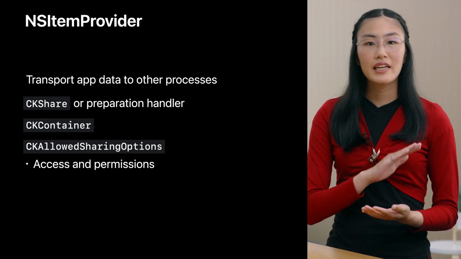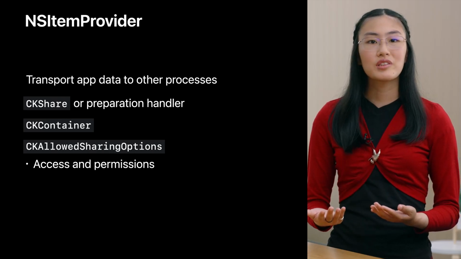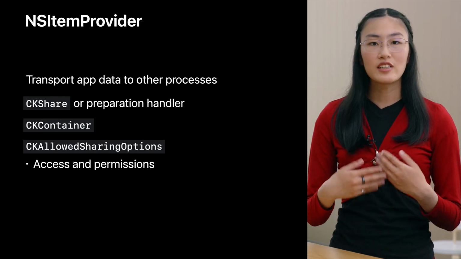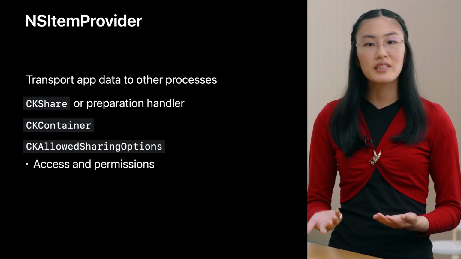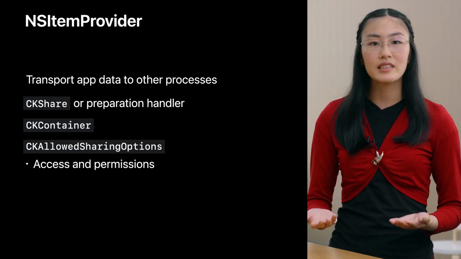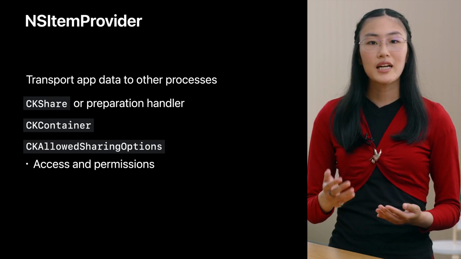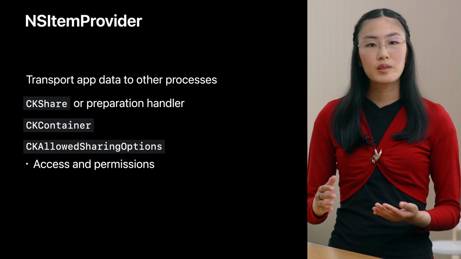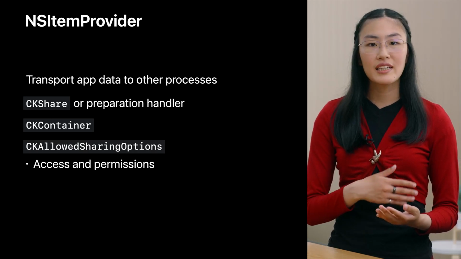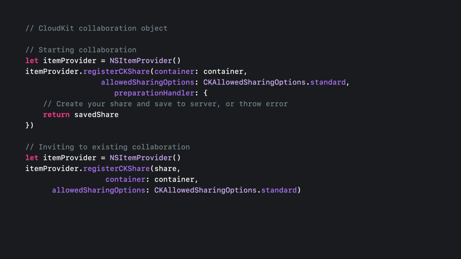Your app's CKContainer is also required. And finally, provide a CKAllowedSharingOptions object representing the access and permissions options for the collaboration. The values of the options are the same as the NSCloudKitSharingService options, which were previously requested from NSCloudSharingServiceDelegate methods.